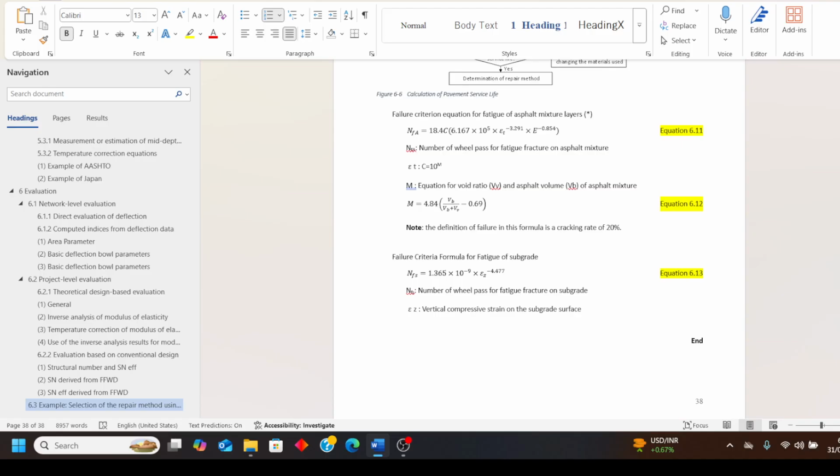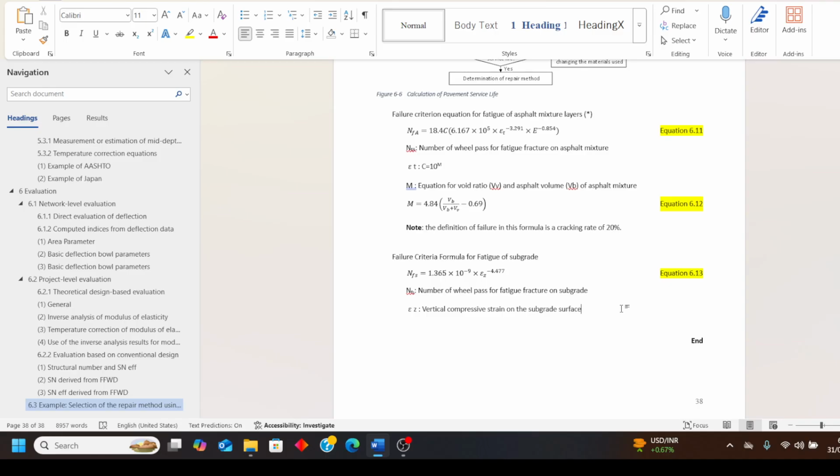And then we have the subgrade rutting equation over here, which gives the number of load repetitions, or the wheel passes, until the subgrade rutting failure, and it has the epsilon naught value of the vertical compressive strain on the top of the subgrade.